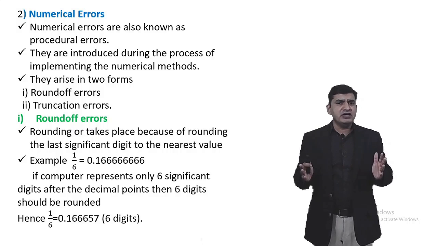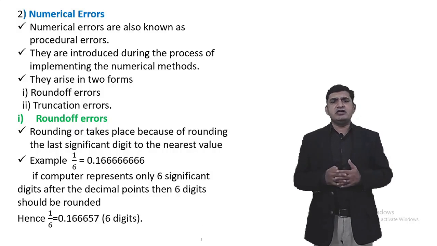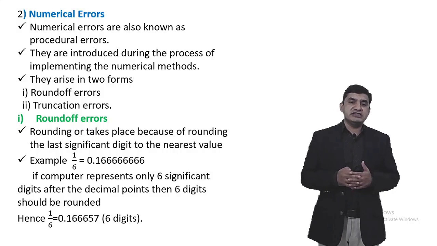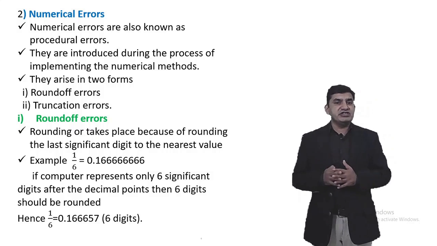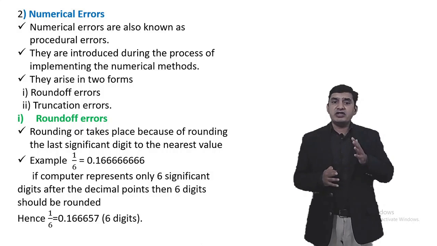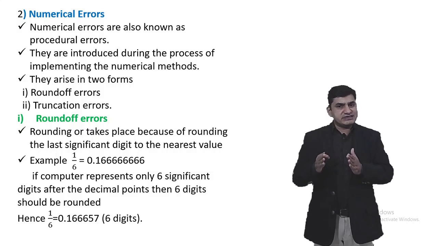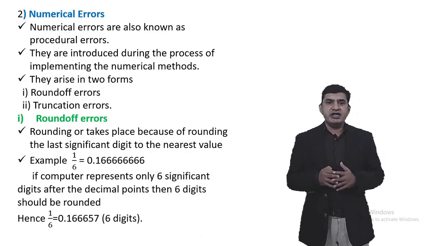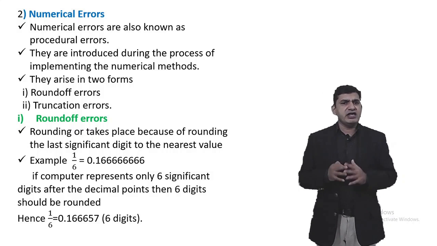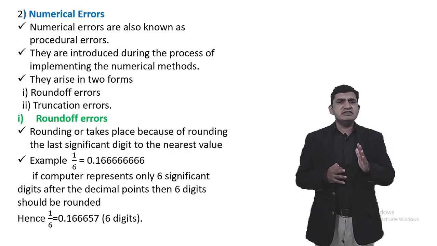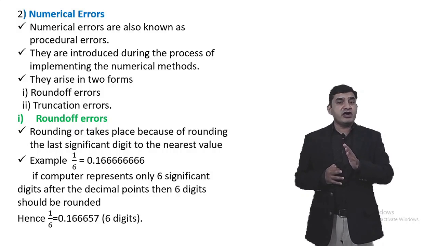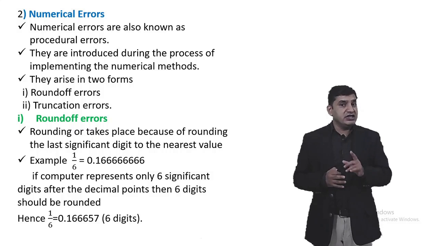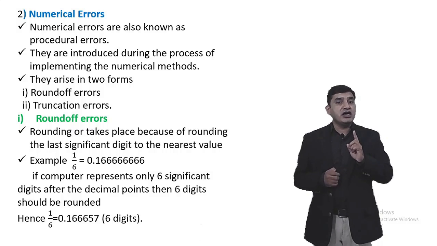If a computer represents only 6 significant digits after the decimal point, then the sixth digit should be rounded. Hence 1 upon 6 can be written as 0.166657.